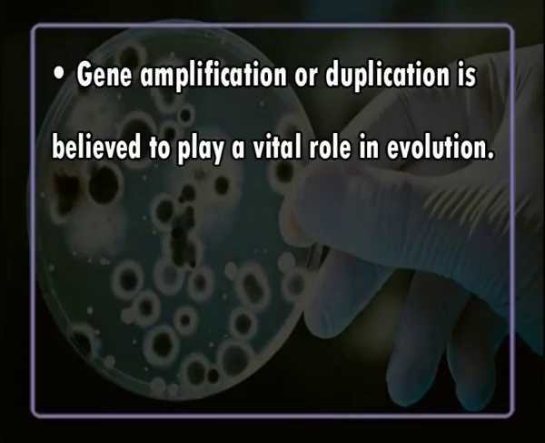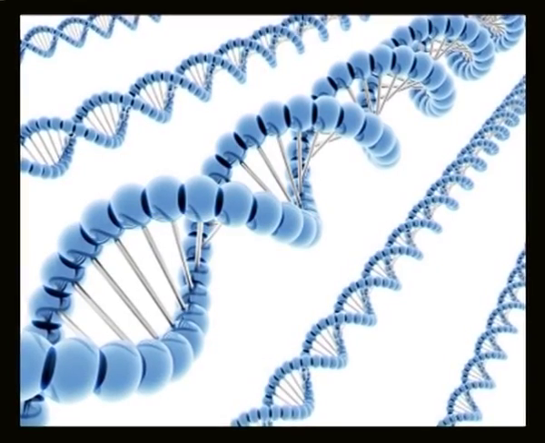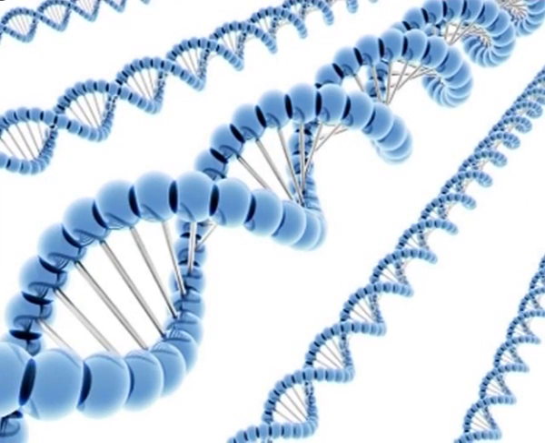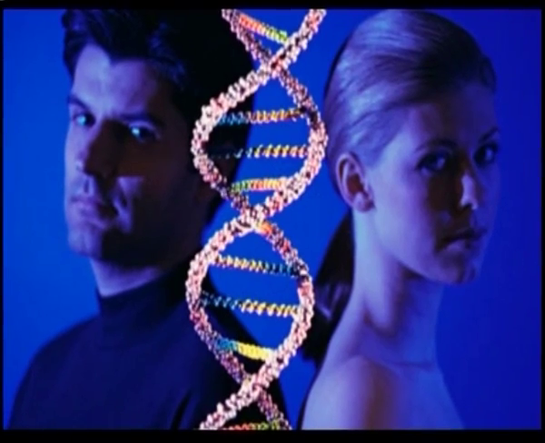Gene amplification or duplication is believed to play a vital role in evolution. Susumu Ohno was the most famous developer of the idea of gene duplication in his book Evolution by Gene Duplication. Ohno argued that gene duplication is the most important evolutionary force since the emergence of the universal common ancestor.